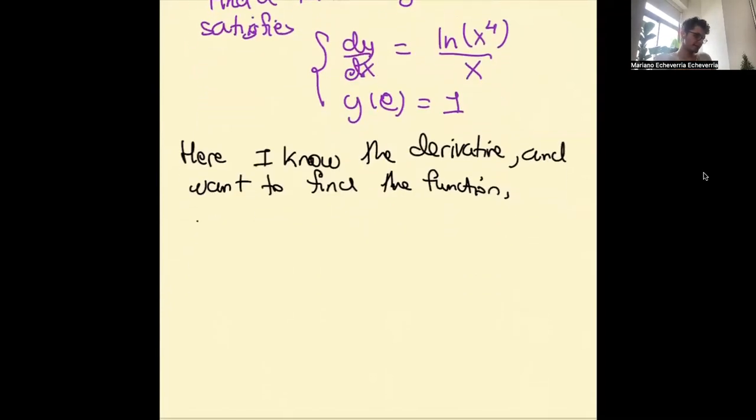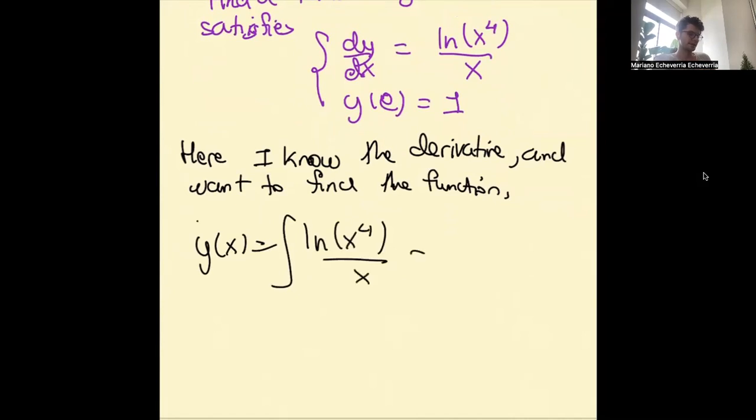So what I'm trying to say is that the function should just be the antiderivative of ln of x to the 4 over x dx. Is that making sense? Because this by definition is a function whose derivative is ln of x to the 4 over x.